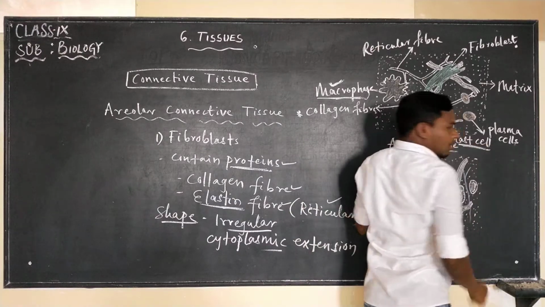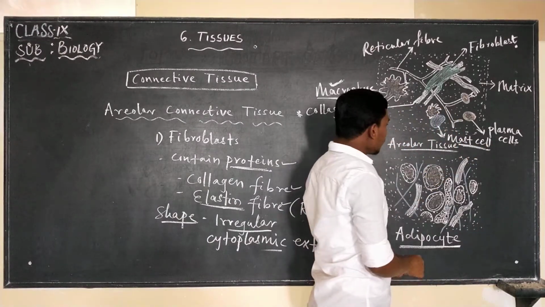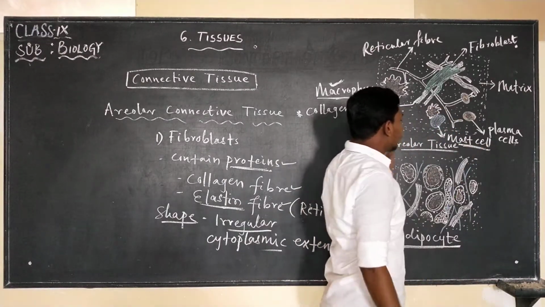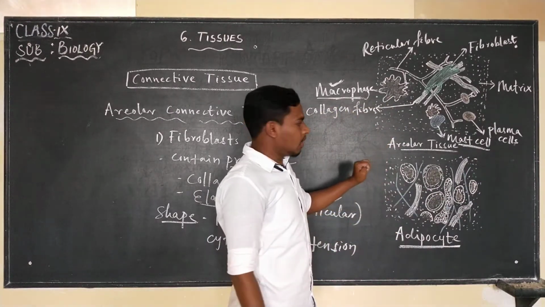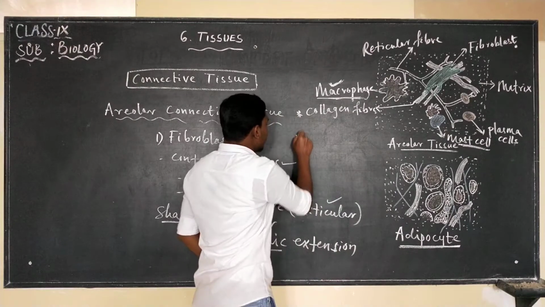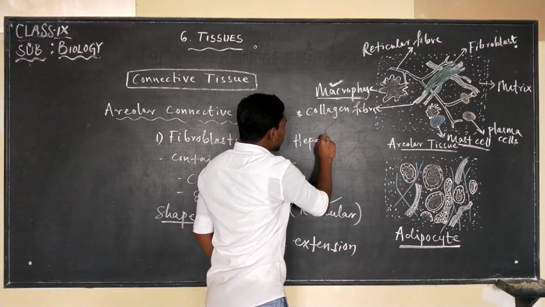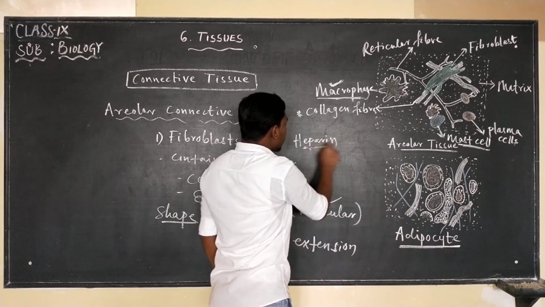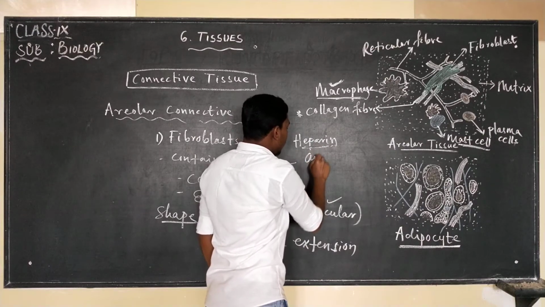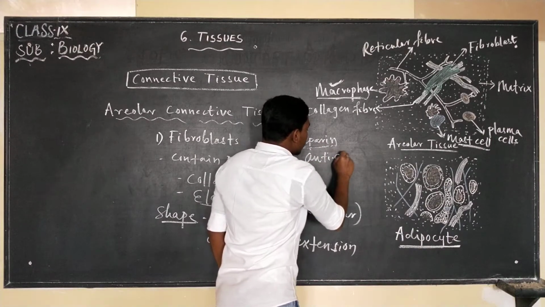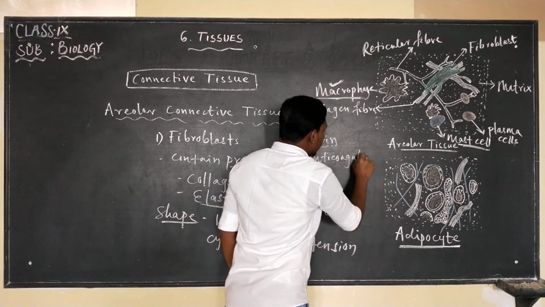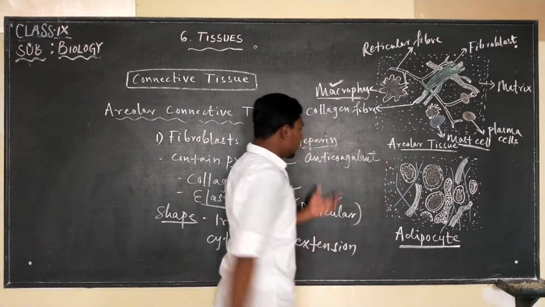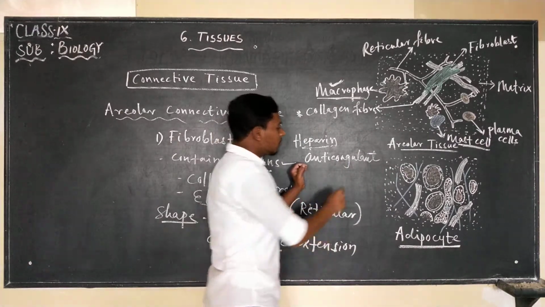These mast cells produce substances like heparin. Heparin is an anticoagulant.